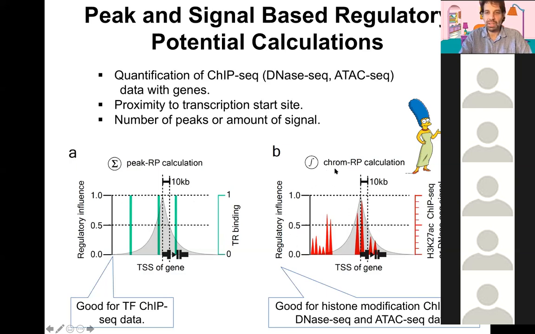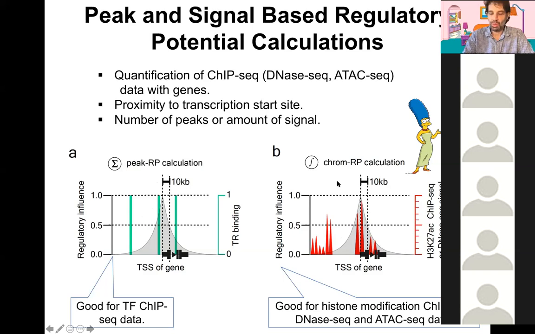For this reason, we calculate what we call the chromatin RP score, which is, instead of calling peaks and doing this calculation, we just associate the reads, or the signal, with the transcription start site. In another sense, it's exactly the same thing. You're just weighting the reads according to the distance from the transcription start site.